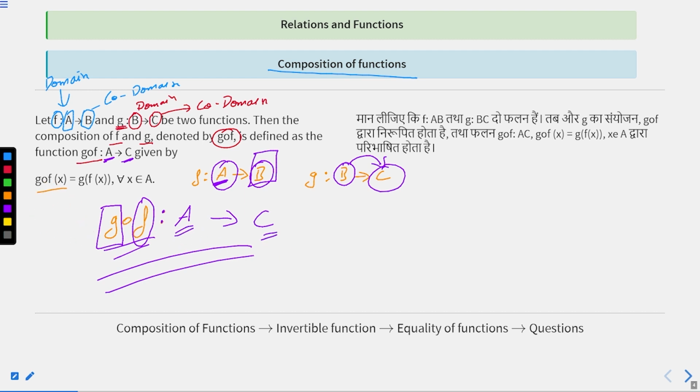Now g of f of x, what do we mean by that?